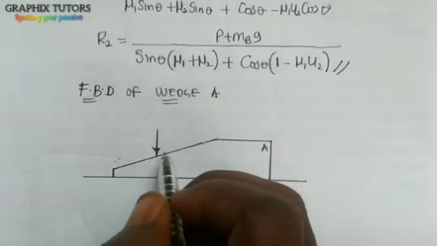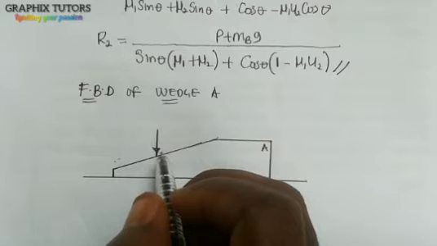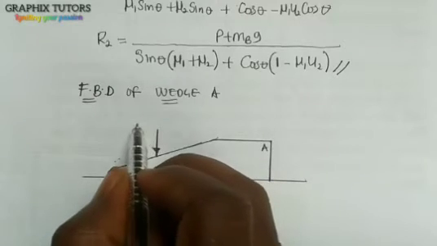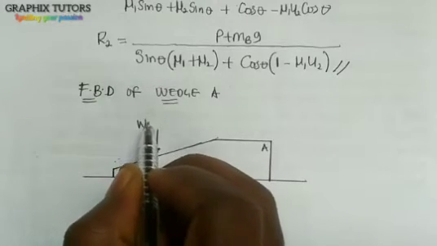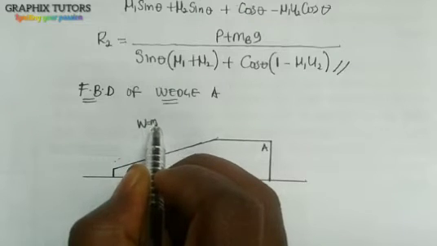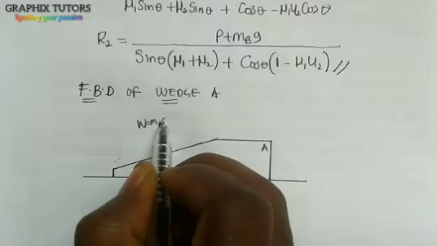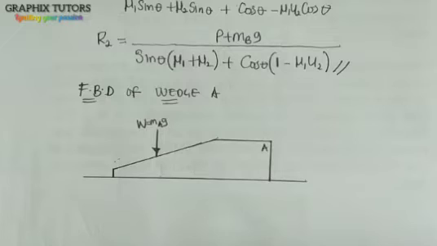That is the weight there, right? I'll call this the W, which is given as what? The mass of A times G. Is that okay?